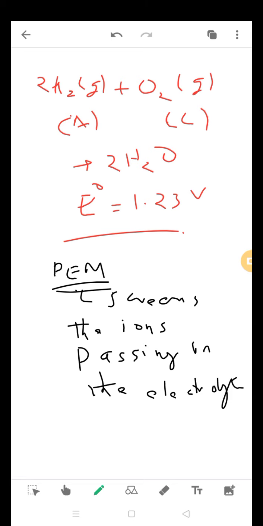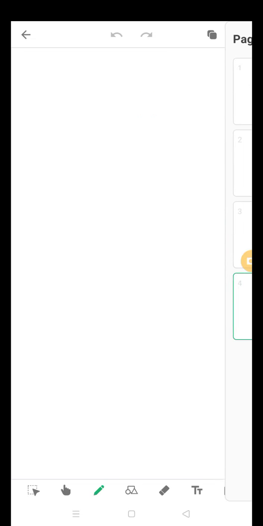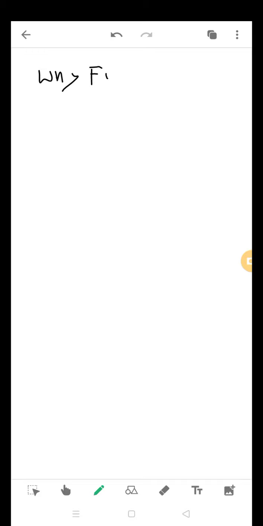Now, what is the advantage of using a fuel cell? Why should we use a fuel cell? First reason is that society is mainly dependent upon three main fossil fuels: coal, oil, and gas, and they are getting depleted.